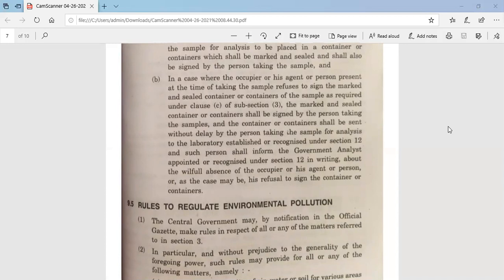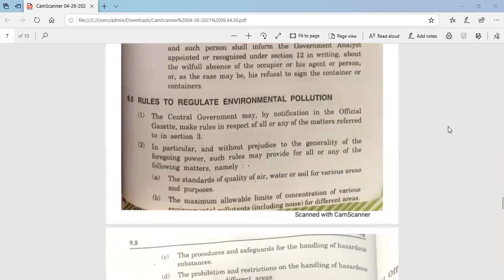Such person shall inform the government analyst appointed or recognized under section 12 in writing about the willful absence of the occupier, his agent or person, or as the case may be his refusal to sign the container or containers.